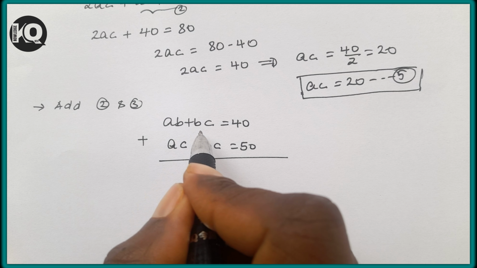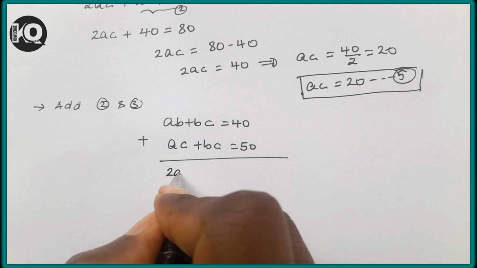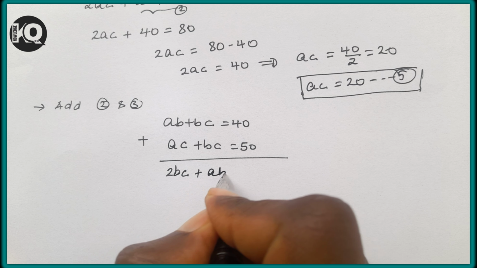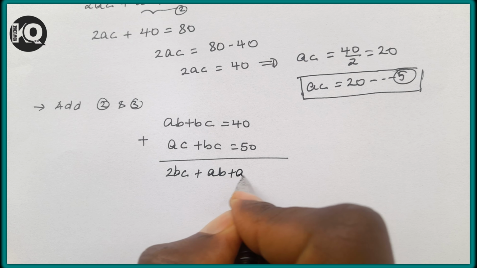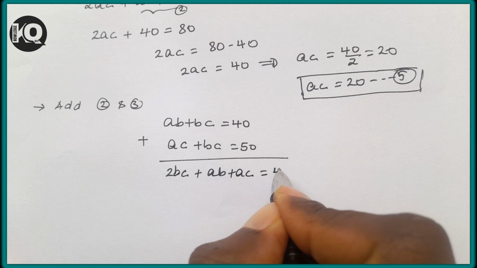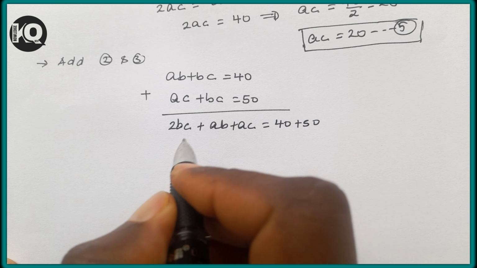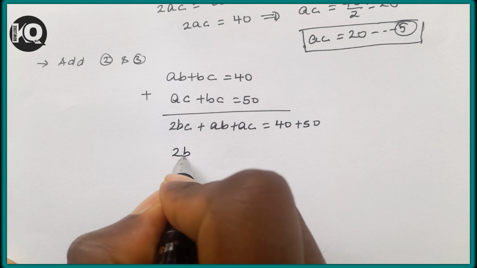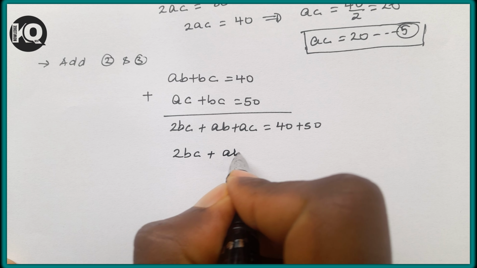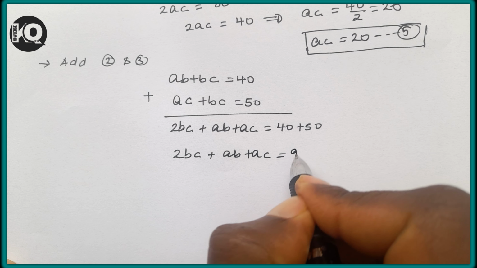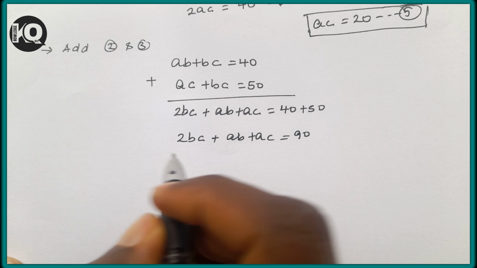We have 2 times bc plus the remaining ab plus ac, which is equal to 40 plus 50, which is 90.